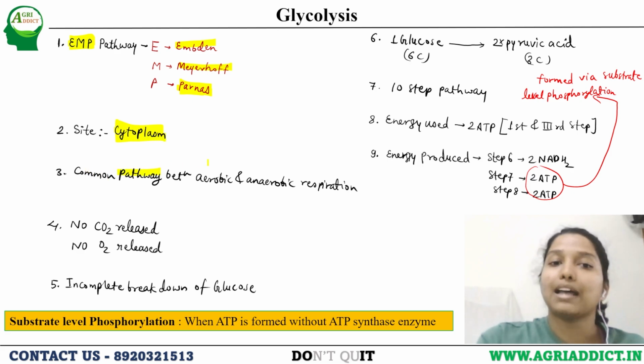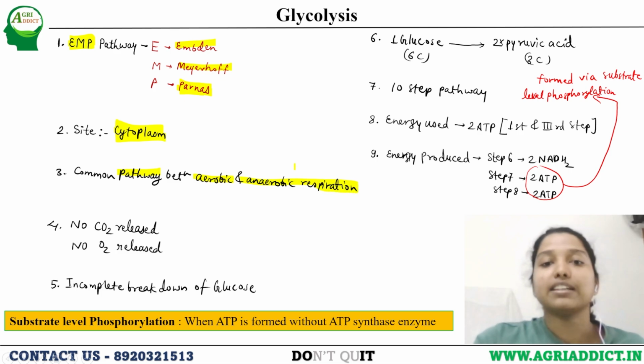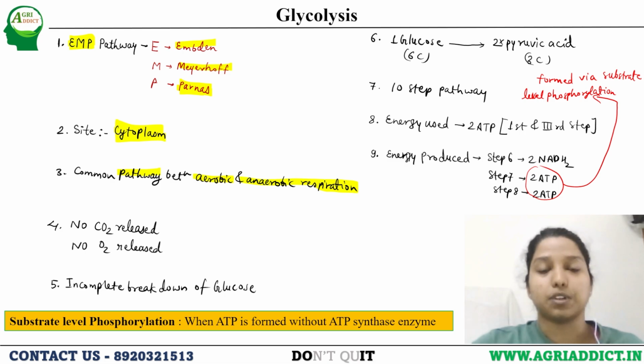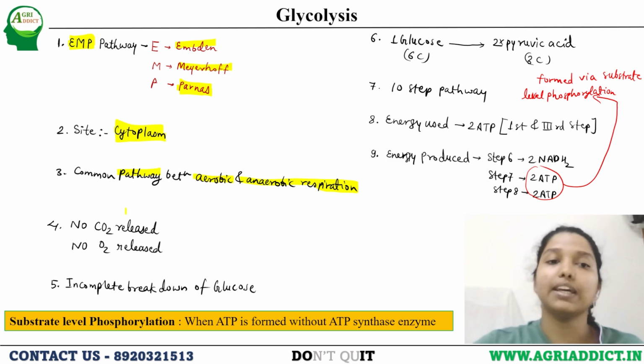It is a common pathway between aerobic and anaerobic respiration. Whether the cell is undergoing aerobic or anaerobic respiration, glycolysis will be there. Here, no CO2 is released, no O2 is used. It is an incomplete breakdown of glucose. This you have to remember.